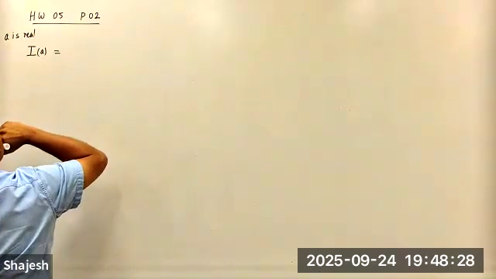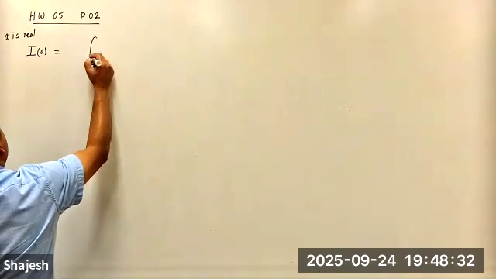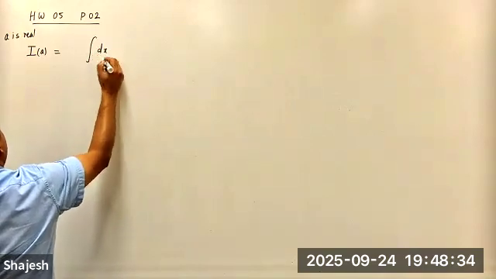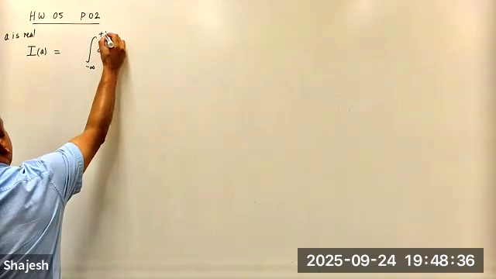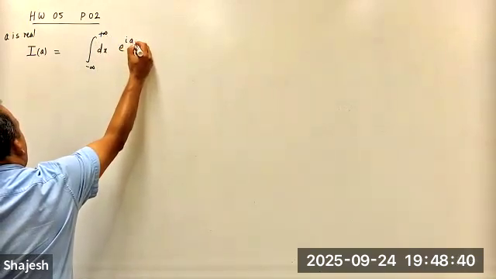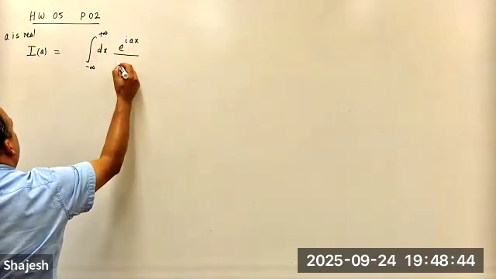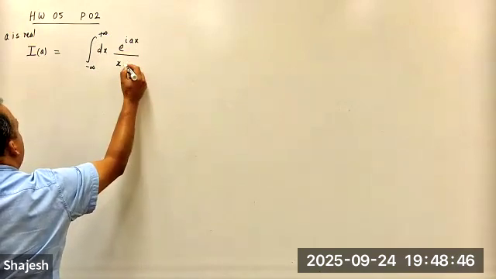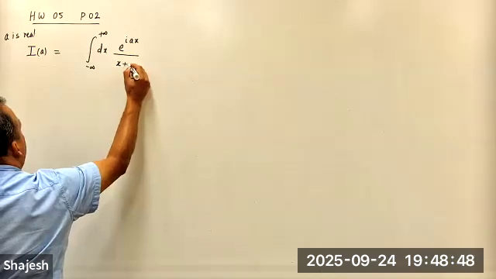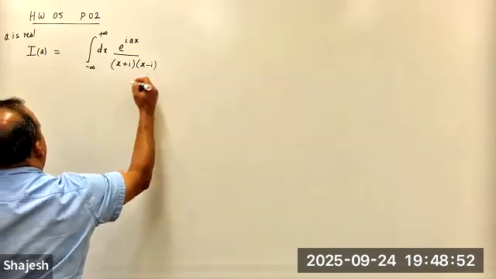It was, remind me, the integral from minus infinity to infinity of e to the iax over x squared plus 1, which is x plus i times x minus i, correct?